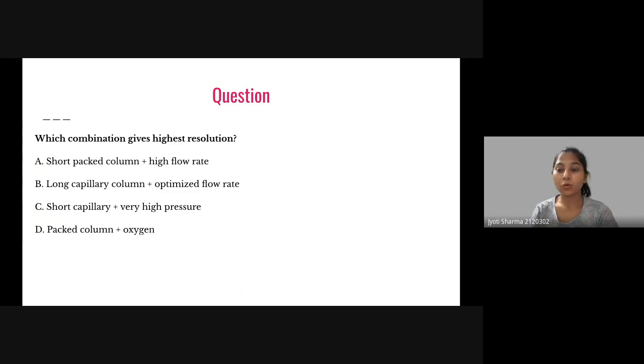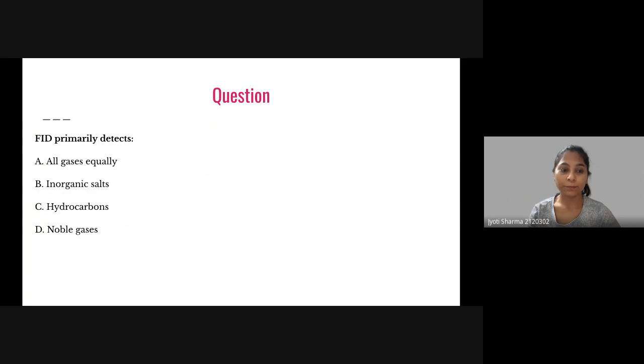Yeah. So yes, B answer is the right one. Whenever we have a long capillary column, the flow rate should not be very high and should not be very low, so that there is a proper interaction of your sample with the stationary phase. So that's how the flow rate should be optimized. So B answer is the right one.